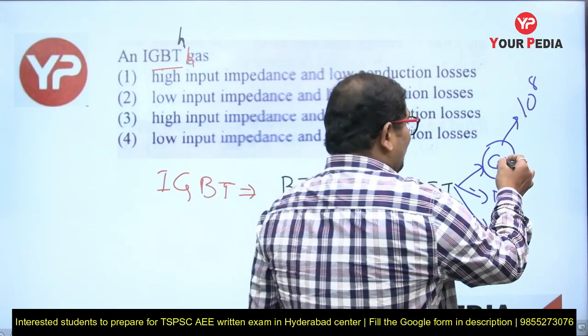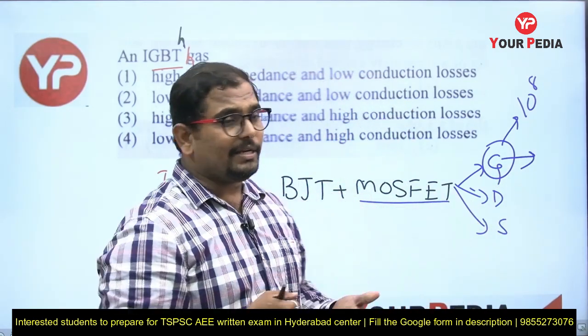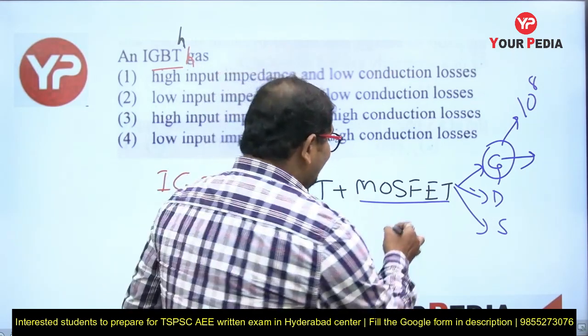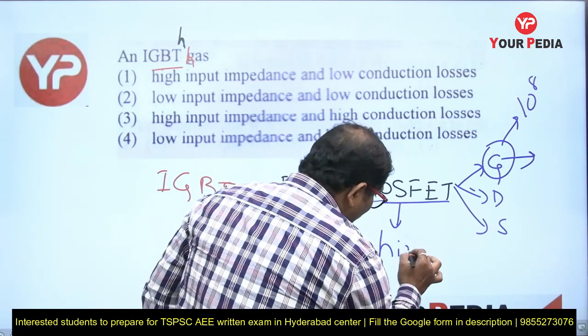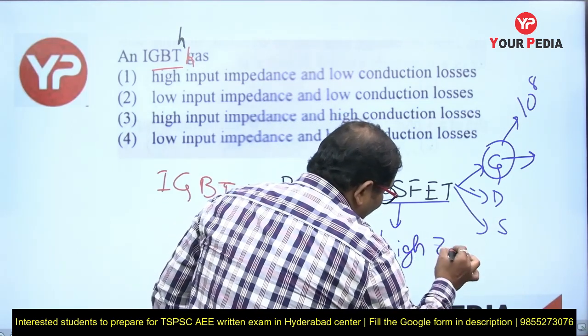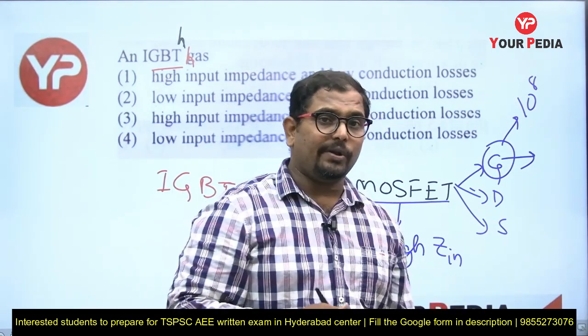Because of the gate terminal, or because of the introduction of the metal oxide element into the MOSFET, this element exhibits high input impedance. So the MOSFET has very high input impedance.